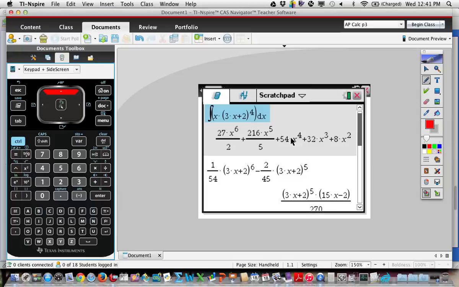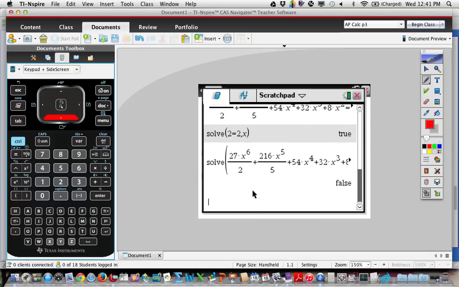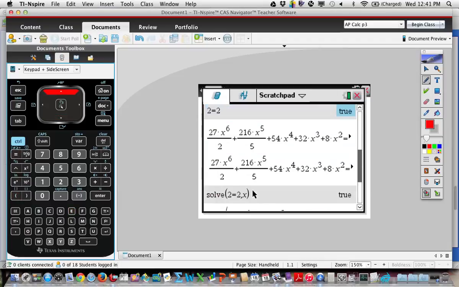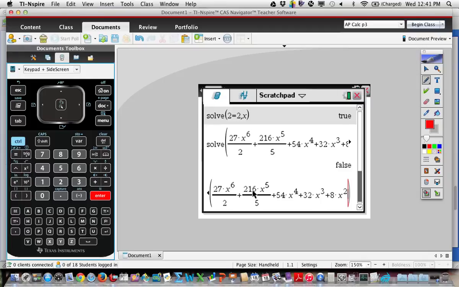So, why is the calculator saying false? It's just, the calculator doesn't want it. So it was this, is that right? X times 3x plus 2 to the 4th, right? Okay, so that should be good.